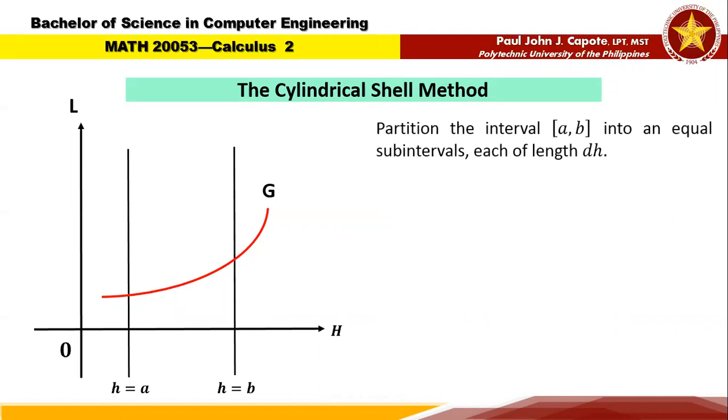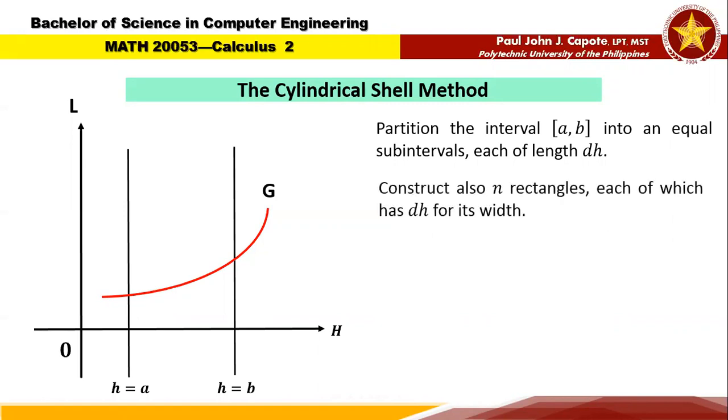Now, we are going to partition the closed interval AB into n equal subintervals, each of length dh. Construct also n rectangles, each of which has dh for its width.